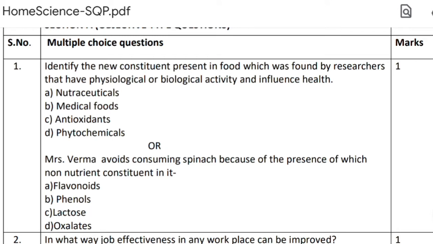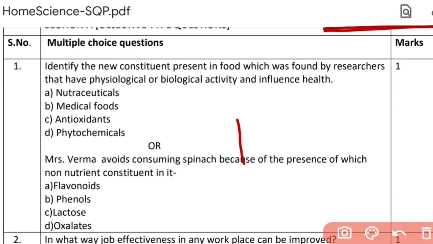Identify the new constituent present in food which was found by researchers that have physiological or biological activity and influence health. So here you have been given 4 choices. First is nutraceuticals, second is medicinal foods, third is antioxidant, and fourth is phytochemicals. Can you tell me which is the answer?